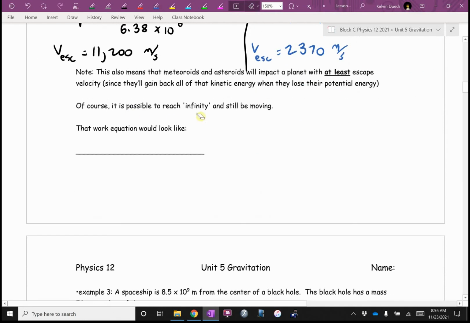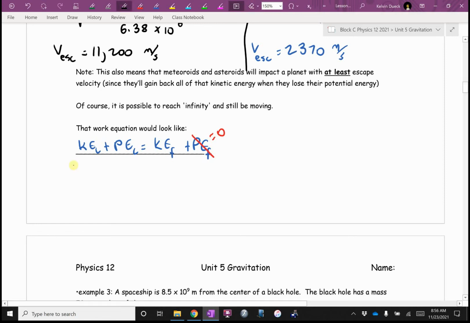Of course, it's possible to reach infinity and still be moving. That particular equation would look like this. KE initial plus PE initial equals KE final plus PE final. We would still be out at infinity, so that would be 0. But you still got some motion to spare?